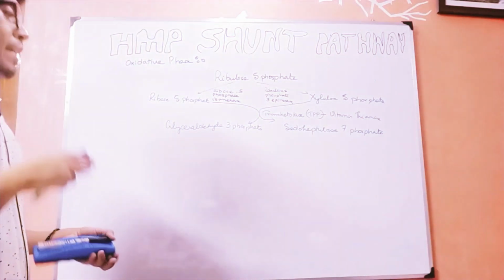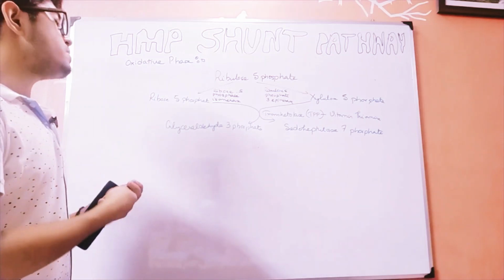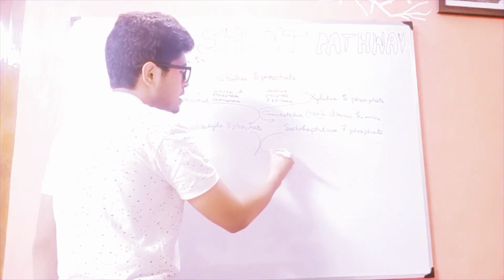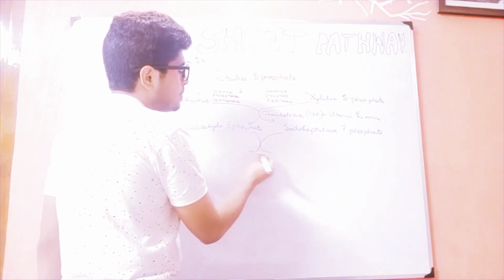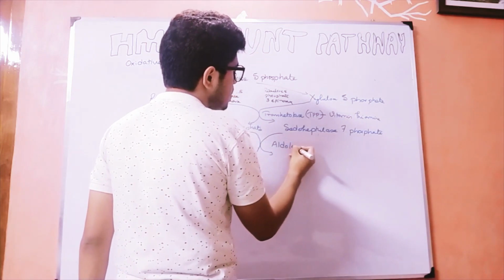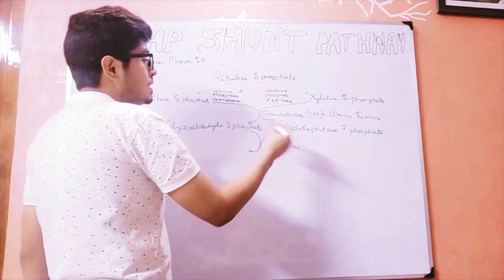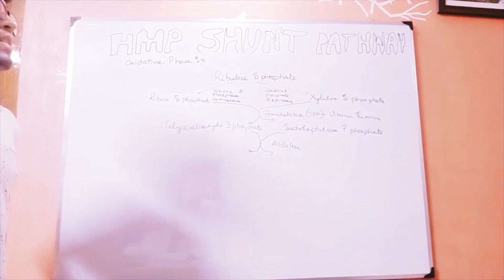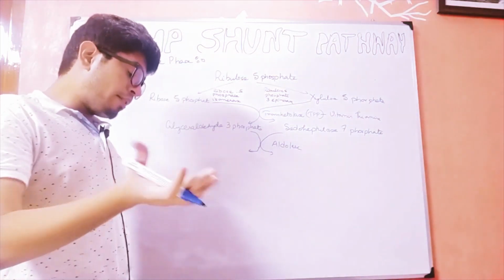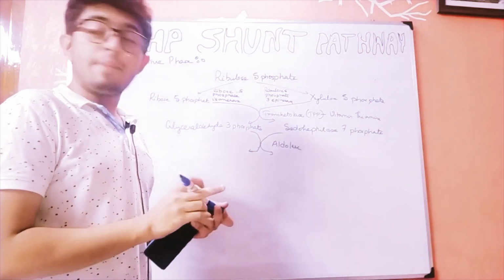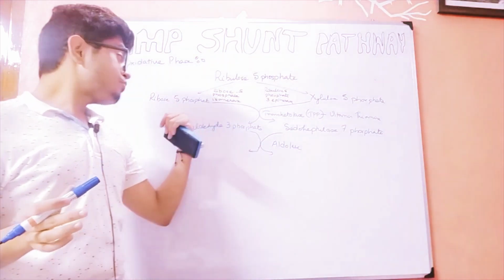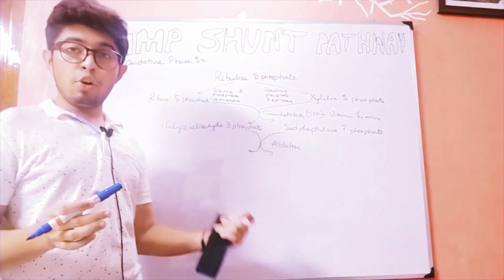ketose. Next, these two compounds are acted upon again in the subsequent reaction by an enzyme called aldolase. Aldolase is an enzyme which transfers a 3-carbon compound from a ketose to an aldose.